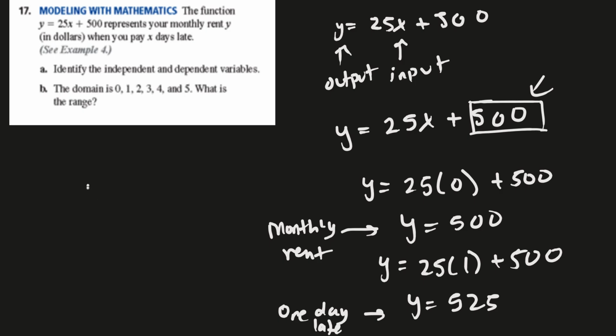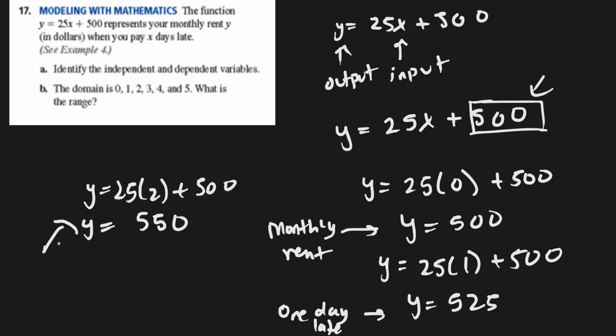And then if you say 2 days late, this would be 600, sorry, 550. This is 2 days late. And so on and so forth. So what's happening here? What's the relationship you can see if you think about the series?